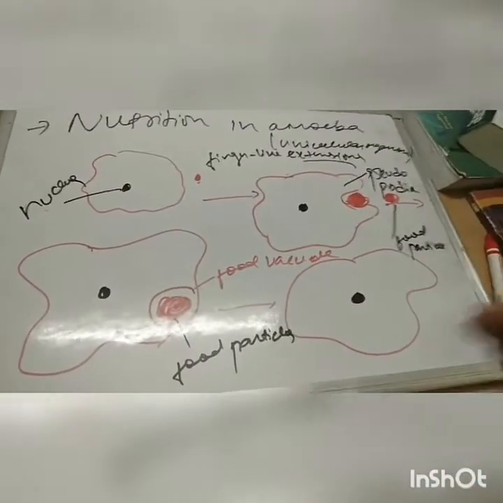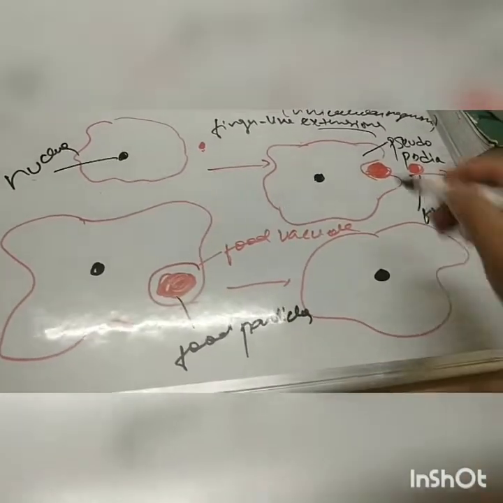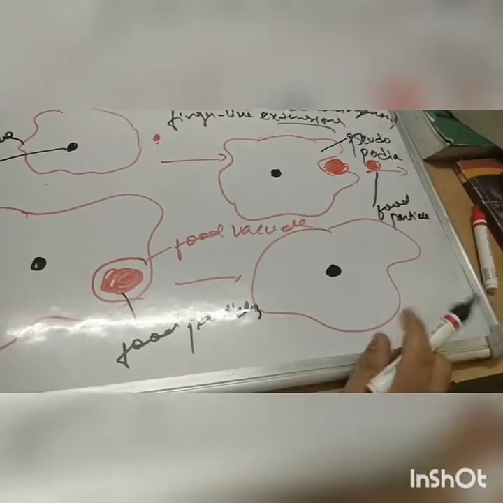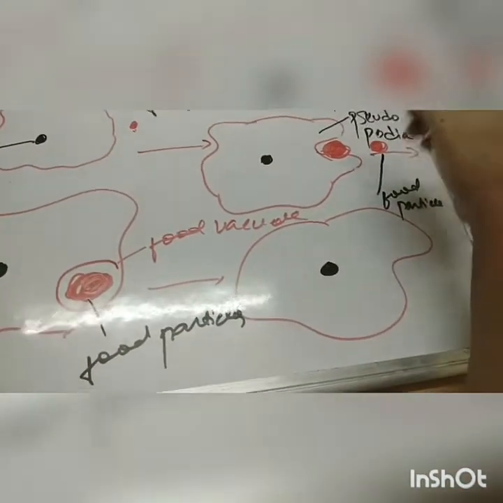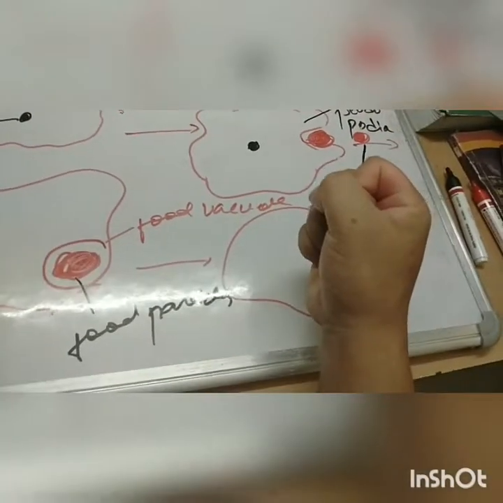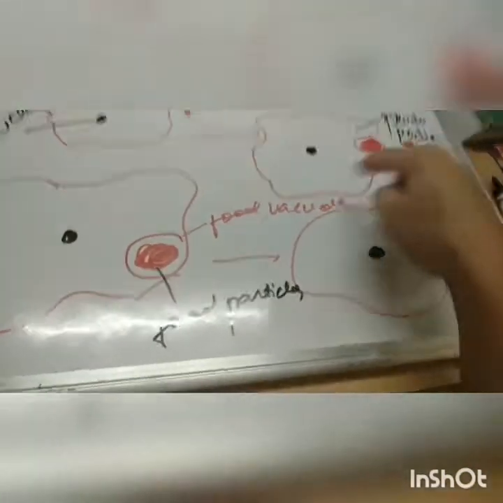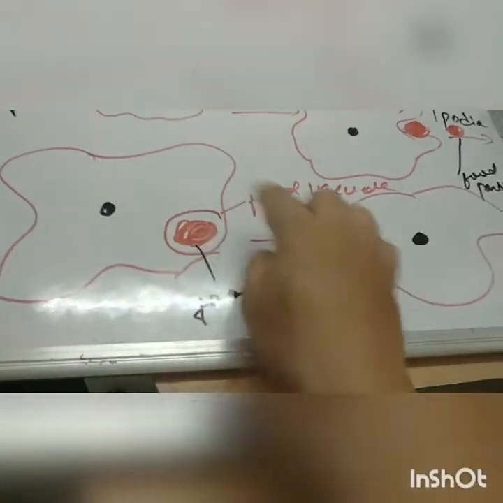Amoeba is a unicellular organism, right? Unicellular organisms have a very different property called pseudopodia. Because of this pseudopodia, they are able to grab food. They are able to eat food by grabbing it through the pseudopodia, and it goes into the food vacuole.